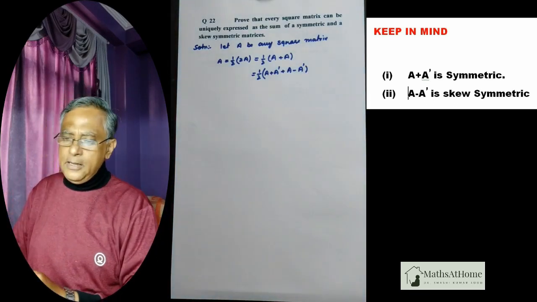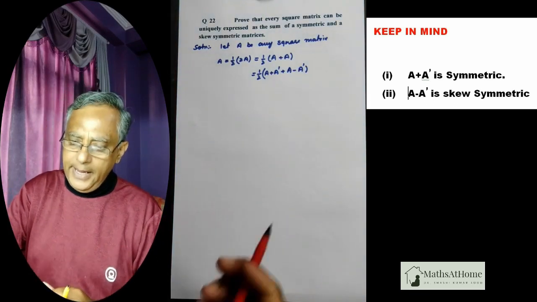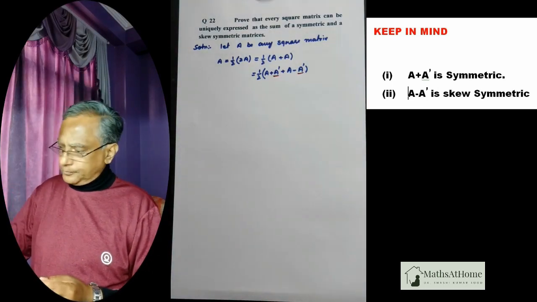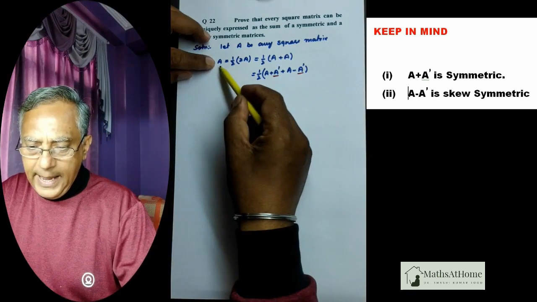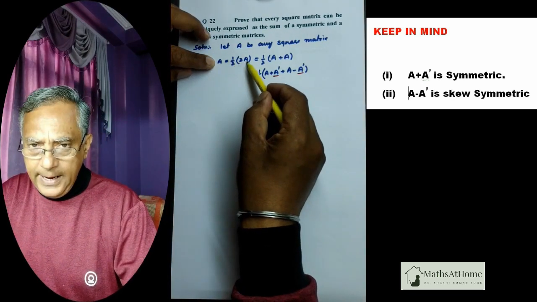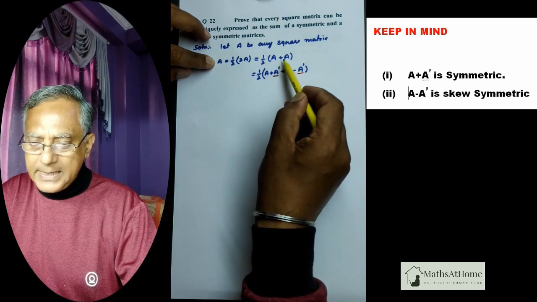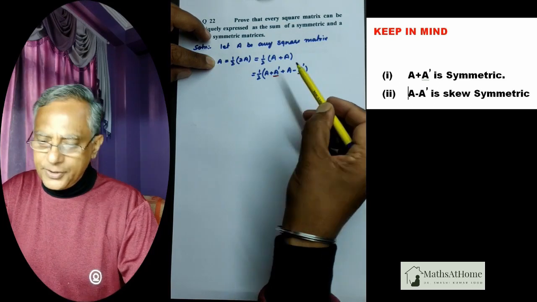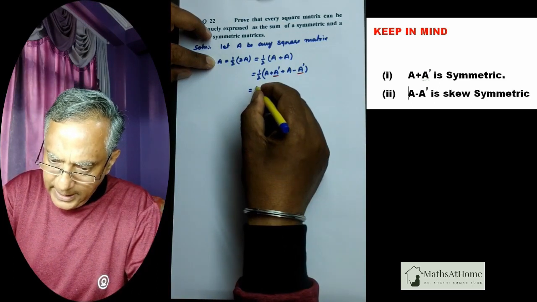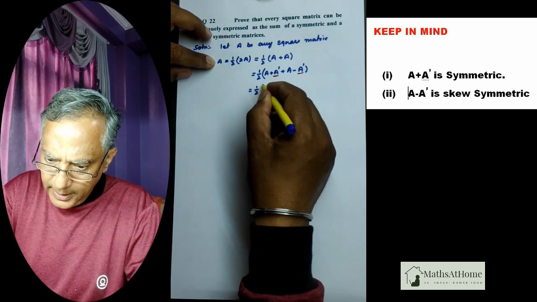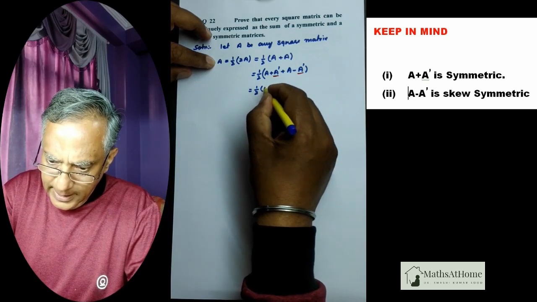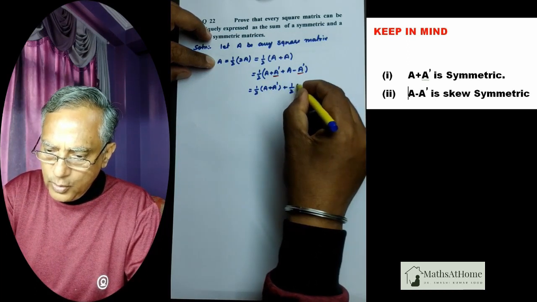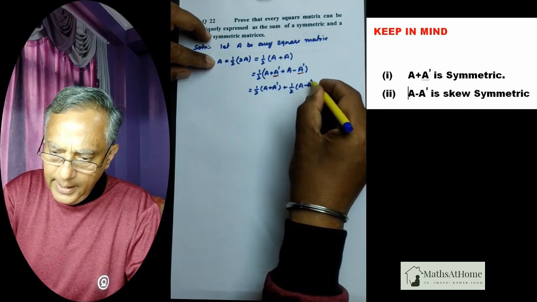What we are doing is we are adding and subtracting A dash. So what we get is 1 by 2 into A plus A dash plus 1 by 2 into A minus A dash.